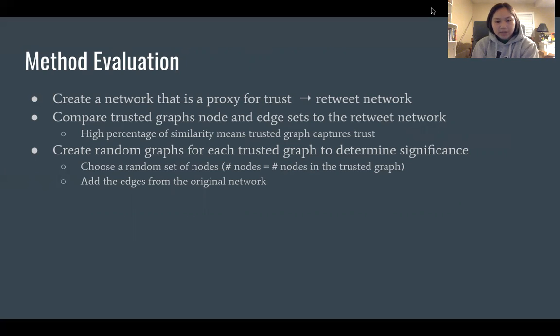A high percentage of similarity would mean that the trusted graph captures trust. I also created random graphs for each trusted graph to determine the significance of that similarity percentage. I chose a random set of nodes from the original network used to create that trusted graph, and then added the edges from that same network.